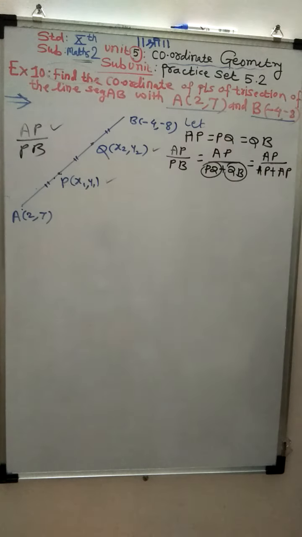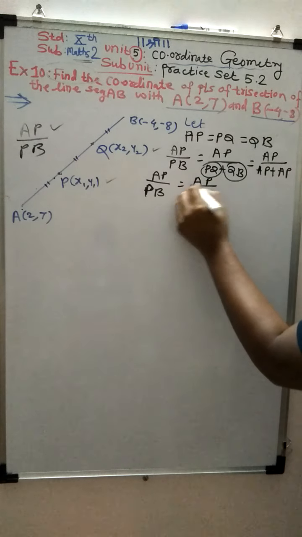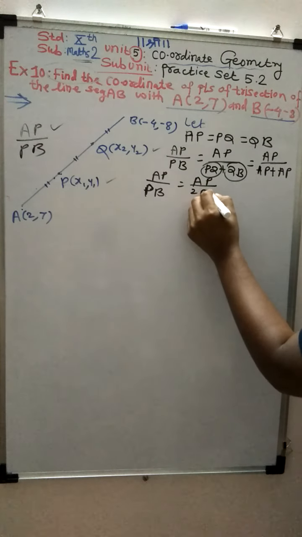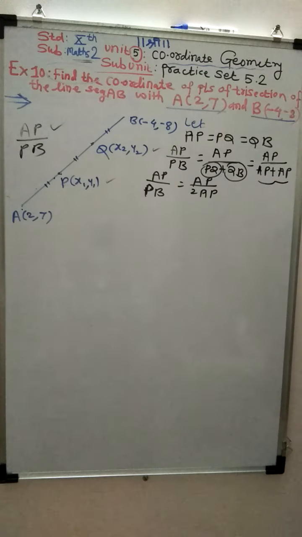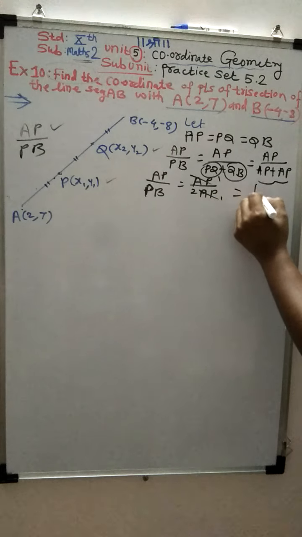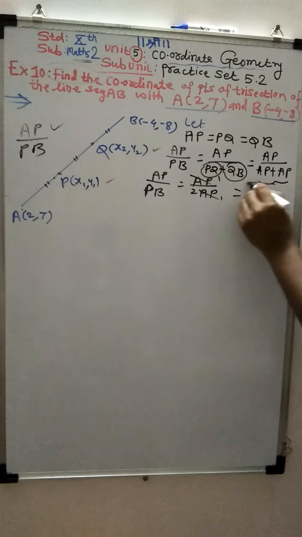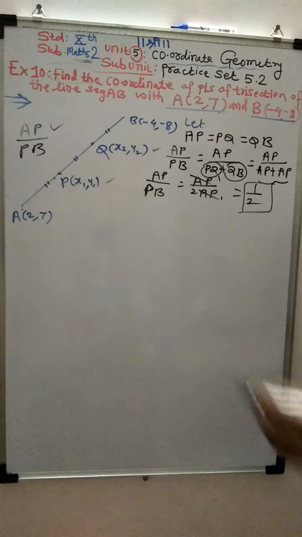So this is written as AP divided by PB is equal to AP divided by 2 times AP, the addition of AP plus AP giving 2AP. AP cancels, and the ratio we get is AP:PB equal to 1:2.